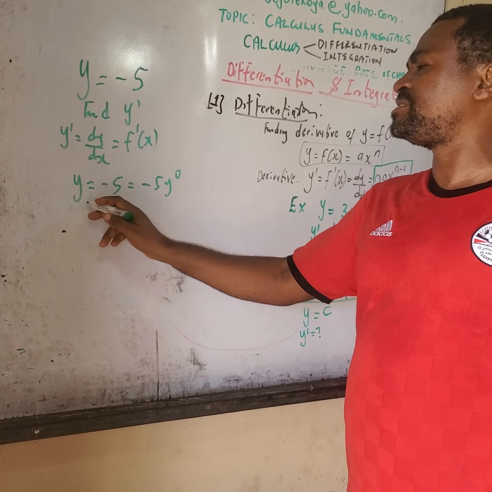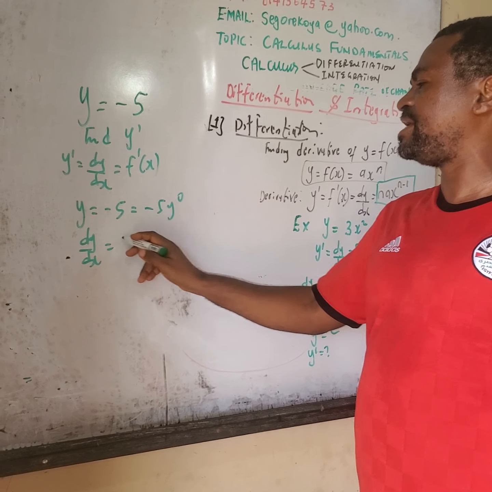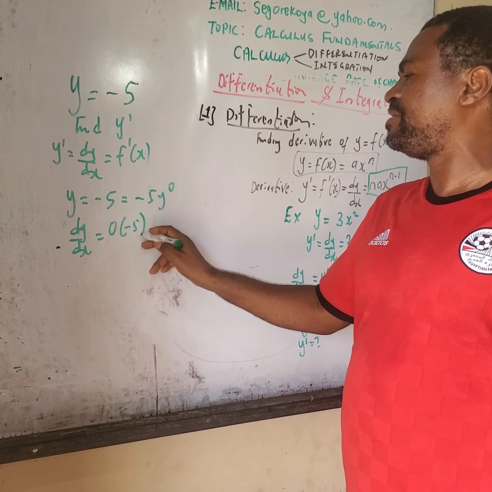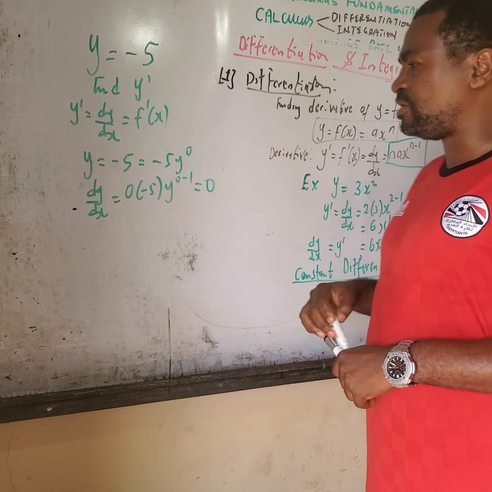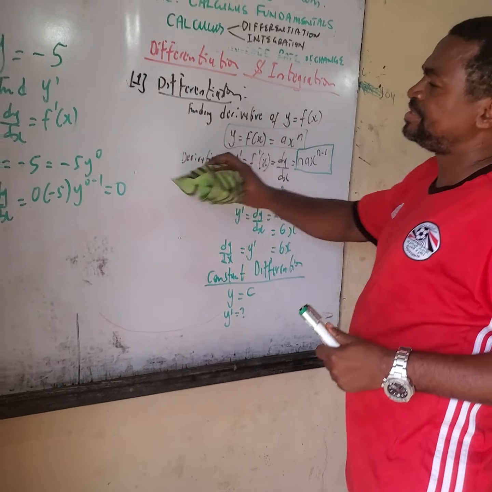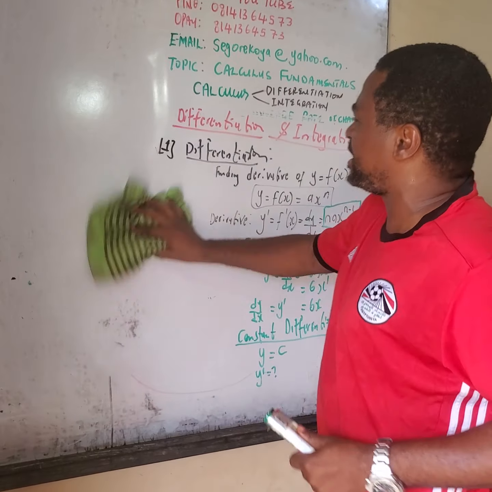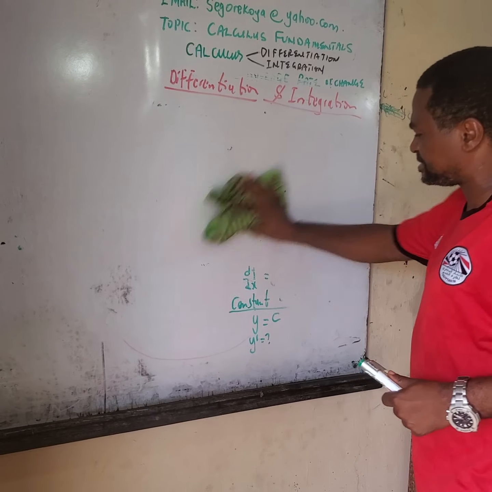Or we can simply say dy/dx is equal to 0 times everything here: 0 times minus 5 x raised to power 0 minus 1, which is equal to 0. So differentiation of a constant is 0. So that's that.